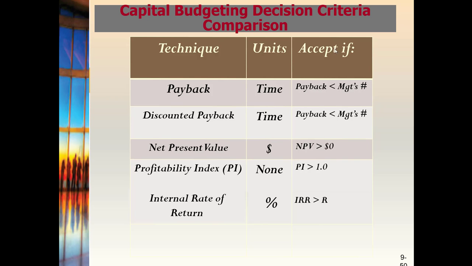And this summarizes the decision rules, which are very important, especially for these 3 techniques. Net present value greater than 0, you can accept. For the PI, if it is greater than 1, then you accept. The project can be accepted under IRR only if the IRR generated from the project is greater than the cost of capital.